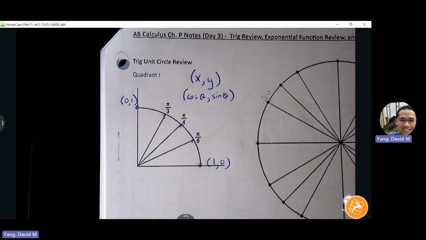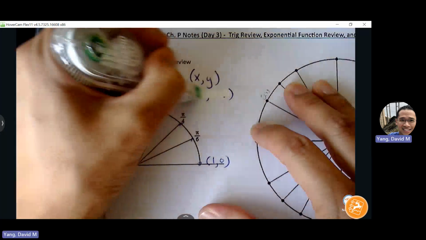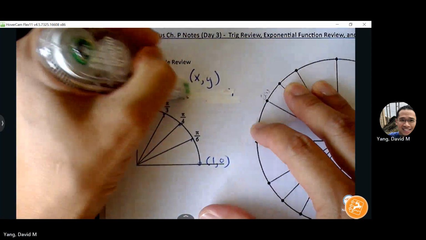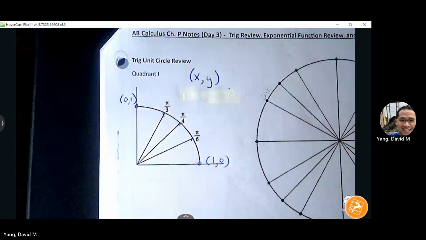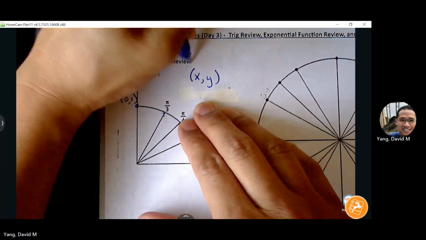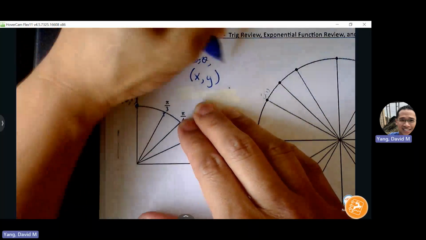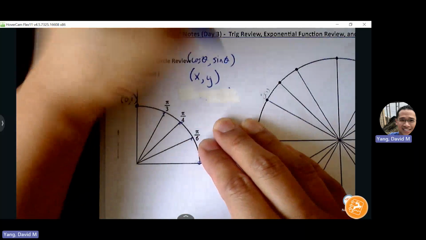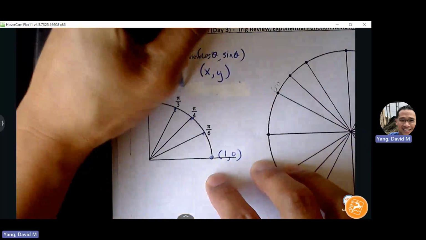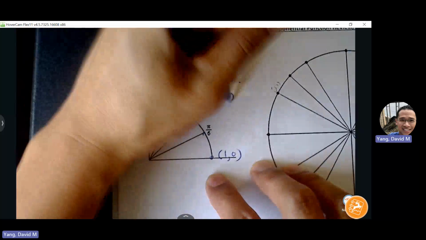Here, I want to give myself more room. I realize I should have put this up here. Cosine of theta is my x, sine of theta is my y. Okay, so this is the way that I remember them.